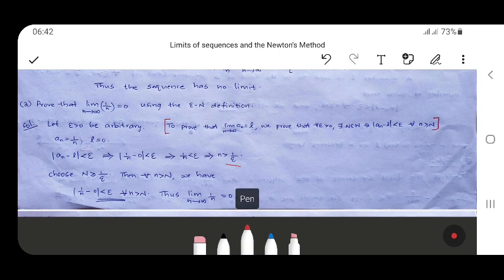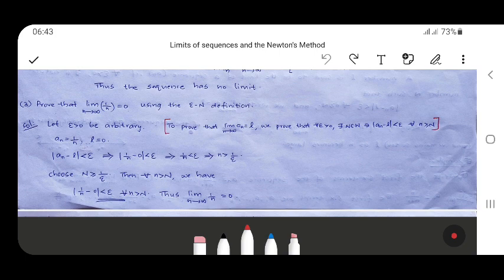If n is greater than 1 by epsilon, then that means epsilon is greater than 1 by n. That means modulus of 1 by n minus 0 is less than epsilon, which means modulus of an minus L is less than epsilon. So if you choose n as some natural number greater than 1 by epsilon, then modulus of 1 by n minus 0 is less than epsilon.